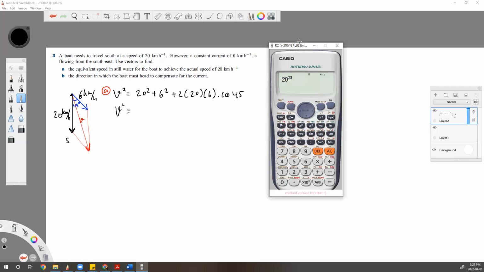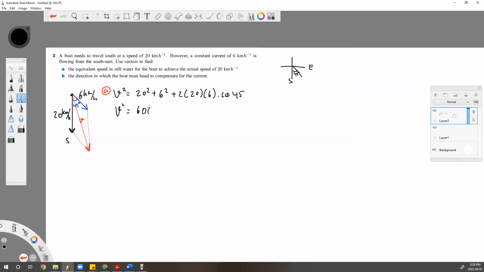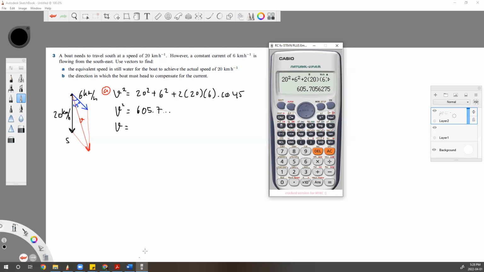So 20 square plus 6 square plus 2 times 20 times 6 times cos 45, right? So the answer will be 605.7, so 606, let's say. And the V will equals to this square root, 24.6 kilometer over hour.